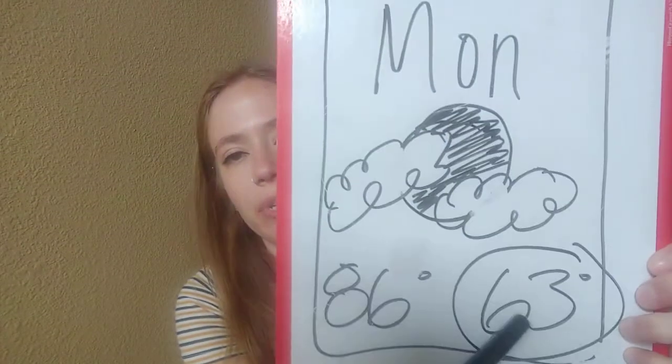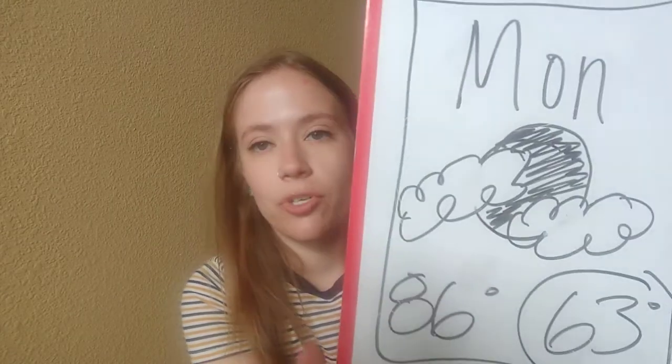And so if 86 degrees is our highest expected temperature, that means that 63 degrees is going to be our lowest expected temperature today. So let's see where that falls. And we can find 63 two ways.